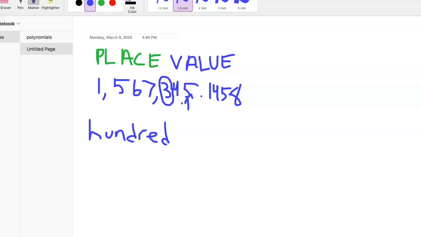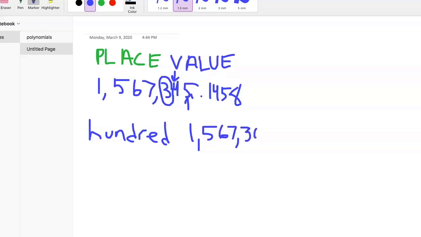Okay, and just like before, we go one spot to the right. If this was a 5 or greater, round up. 4 or less, round down. Right? So it's a 4, so we round down, and so that means 1,567,300 will be our answer.